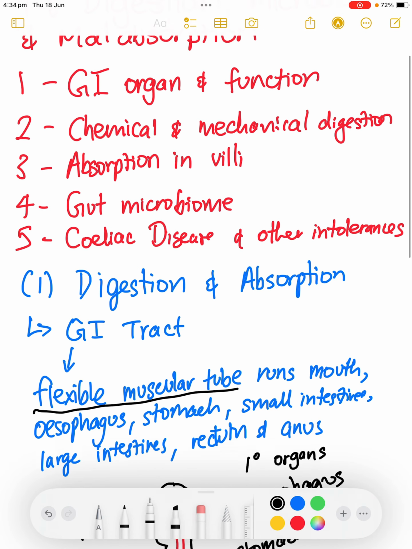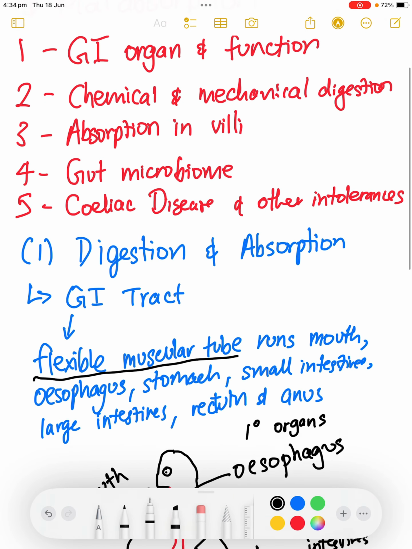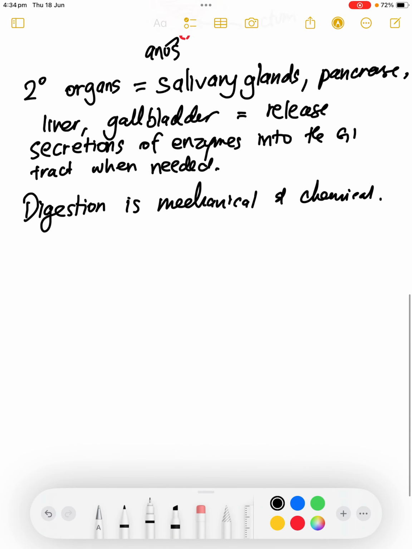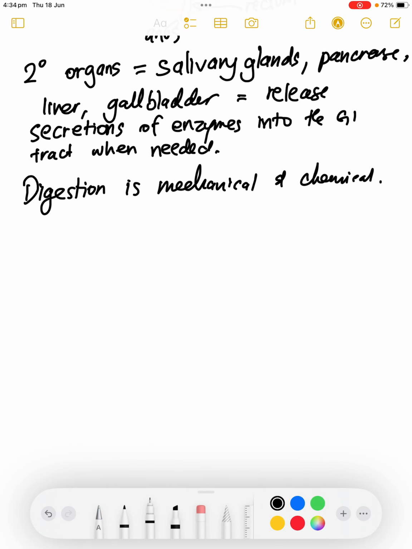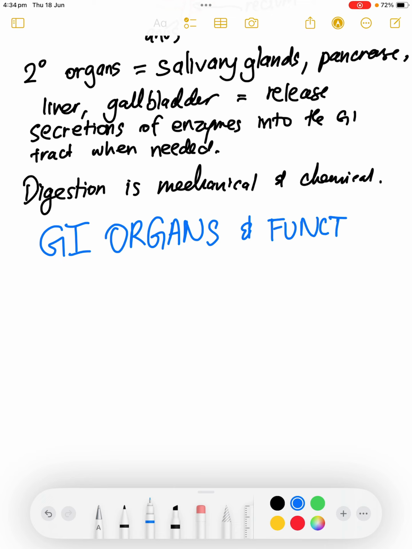Now that's a bit of a recap of what the GI tract is. Now we're going to look at GI organs and their respective function as well. All right.